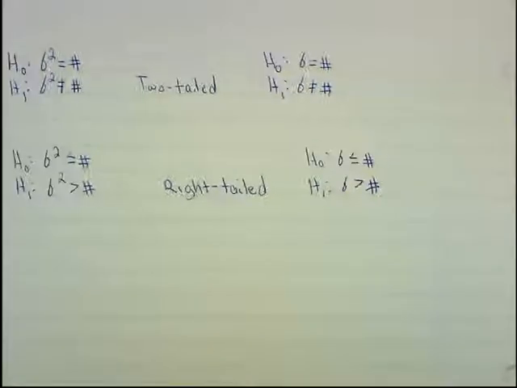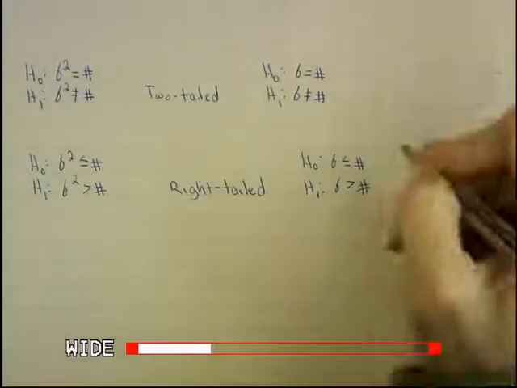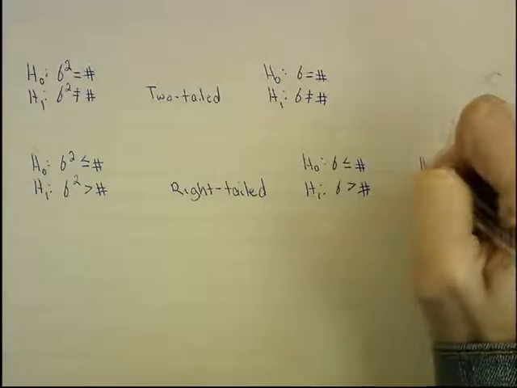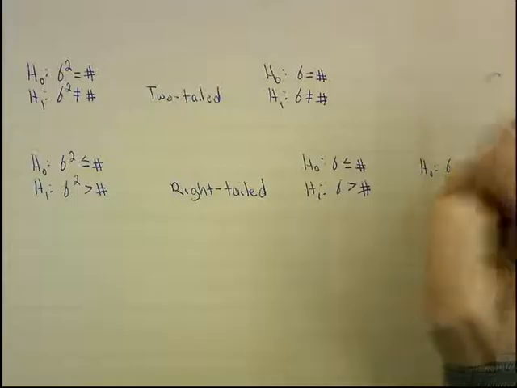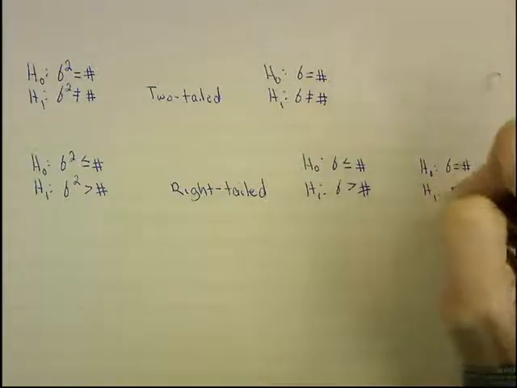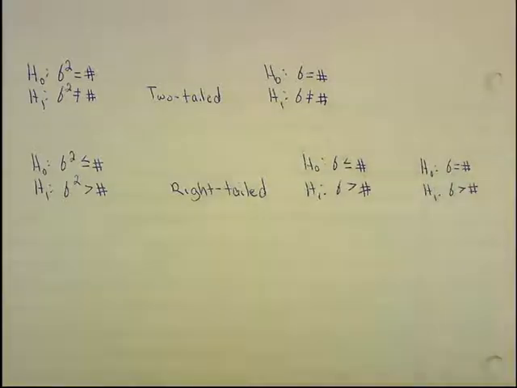Again, Connect Math will have the fact that sigma is equal to a number, and the alternative will have that sigma is greater than a number. So that's a right-tailed chi-square test.